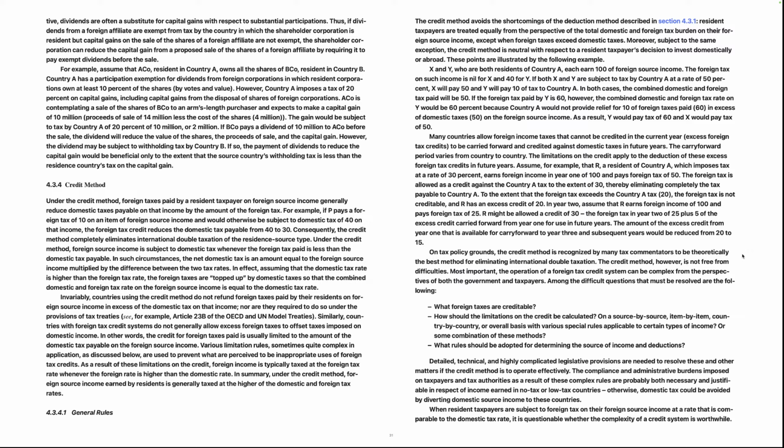For example, if P pays foreign tax of 10 on an item of foreign source income and would otherwise be subject to domestic tax of 40 on that income, the foreign tax credit reduces the domestic tax payable from 40 to 30. Consequently, the credit method completely eliminates international double taxation of a residence-source type.